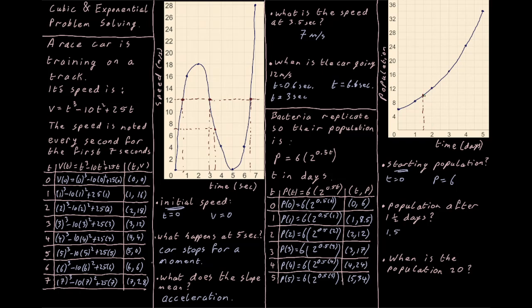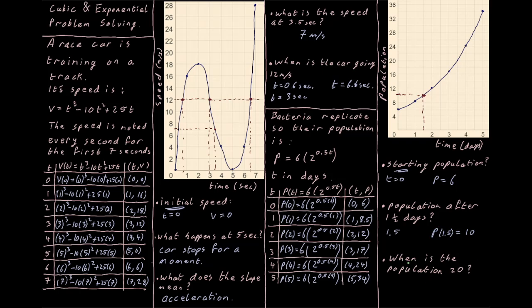We go up to our curve. We want to know what population we're at at that time. So we go across and we know we're counting in 2's per box here. So 8 to 10 to 12. So there were 10 in the population after 1.5 days. The population at 1.5, this is function notation, would be 10.